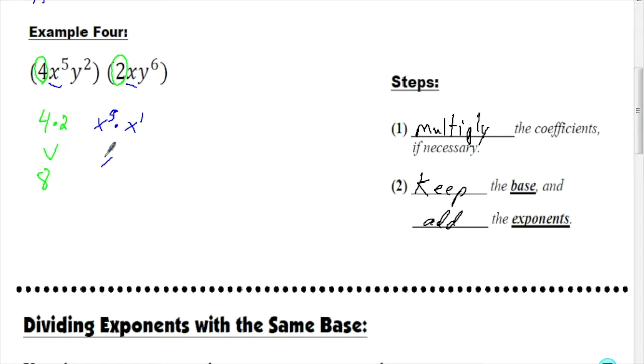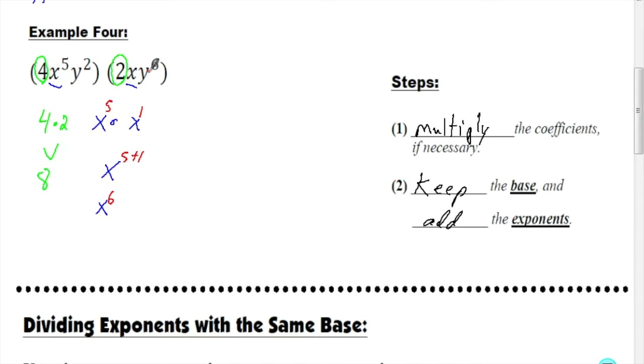We keep the base, that's x. Go back and try it again. So we have x to the fifth times x to the first. That gives us x to the 5 plus 1, because we keep the base, which means we get x to the 6th power.